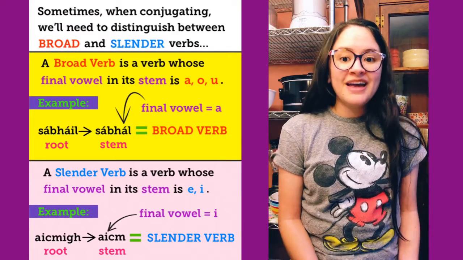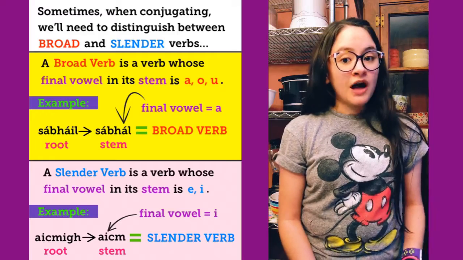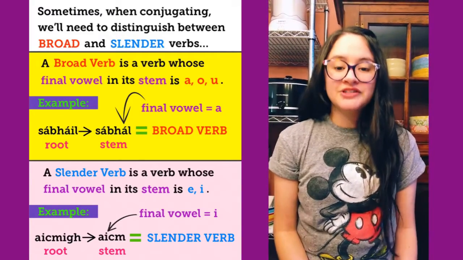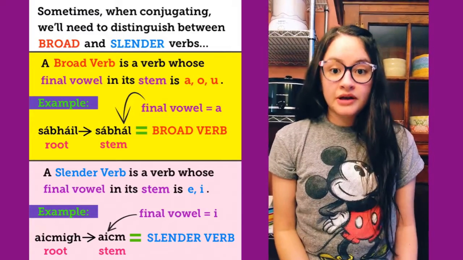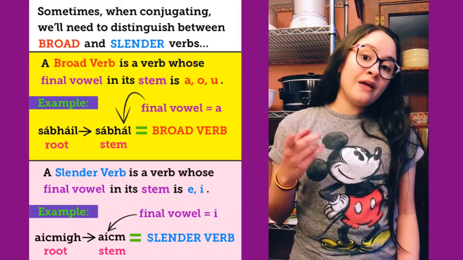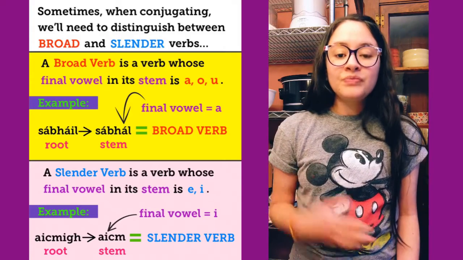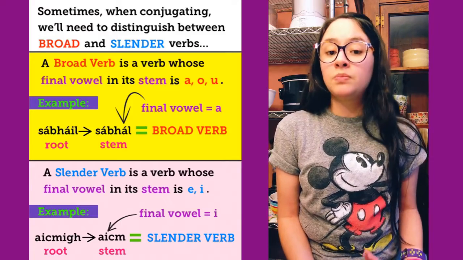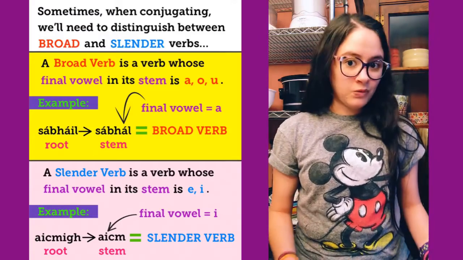A broad verb is any verb whose final vowel in its stem is A, O, or U. Let's take, for example, the verb saoil, which means to save. Its stem is formed by dropping the I right before the L, and the final vowel then becomes A fada, a broad vowel, which makes it a broad verb.